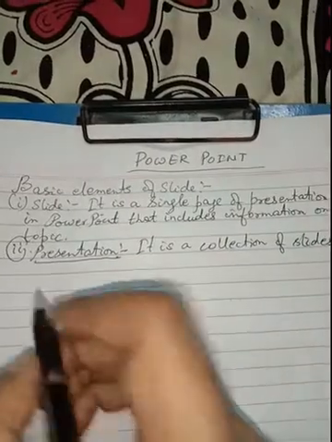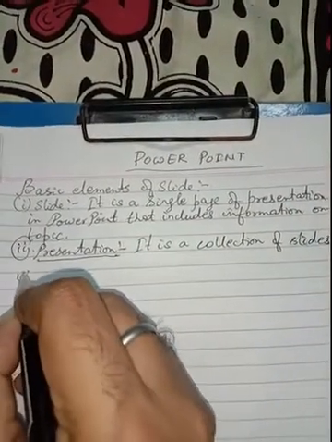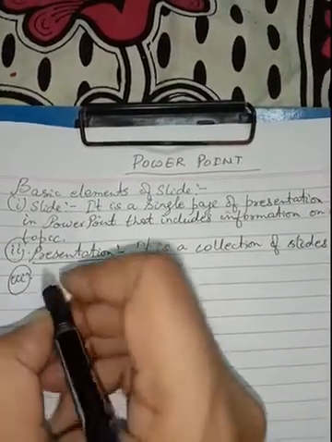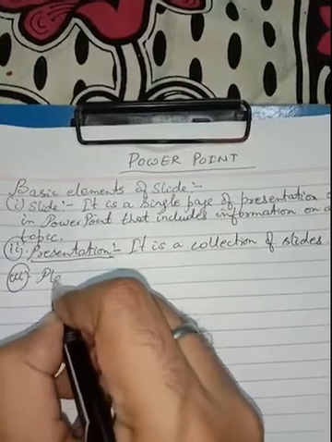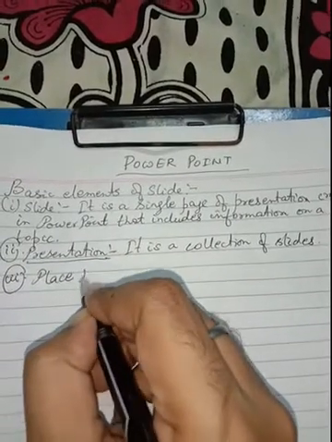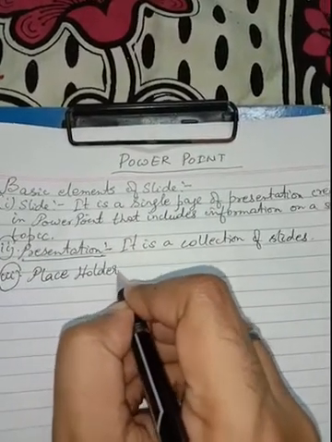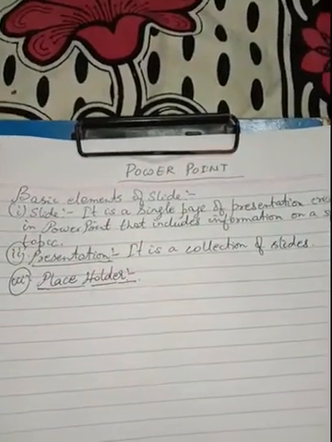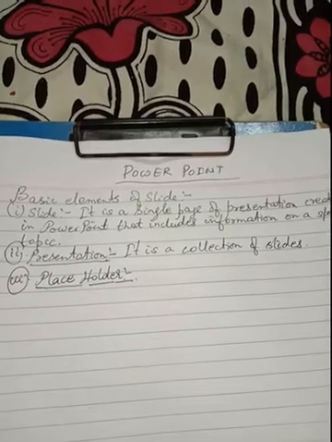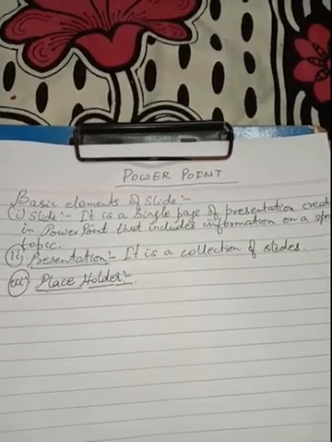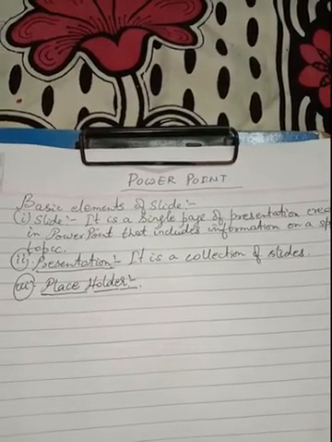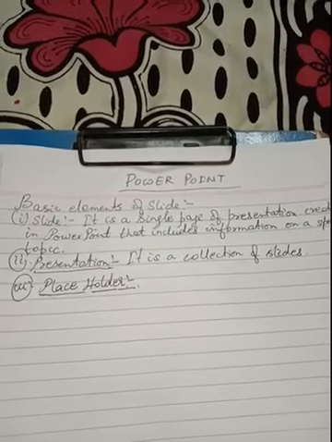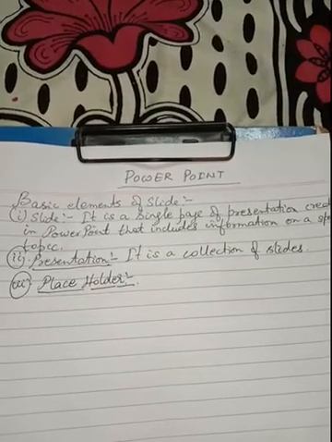The third basic element is placeholder. What is a placeholder? We can say it is an area on the slide which is enclosed by a dotted rectangular border and can contain an object.